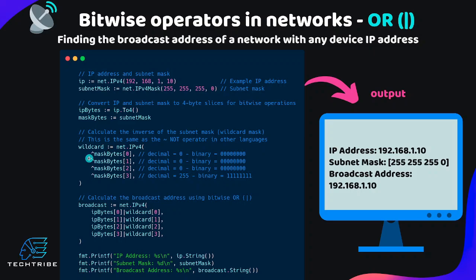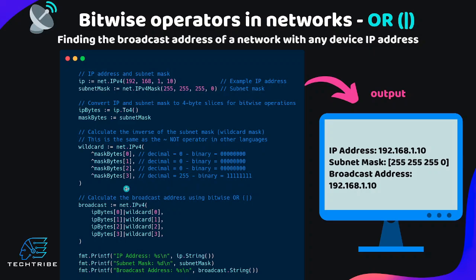This is a NOT operation working on this octet, on all of these bits. So in decimal, then binary, decimal, binary, and so on, this will end up with this value, right?